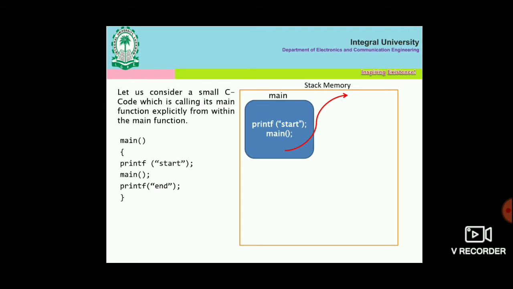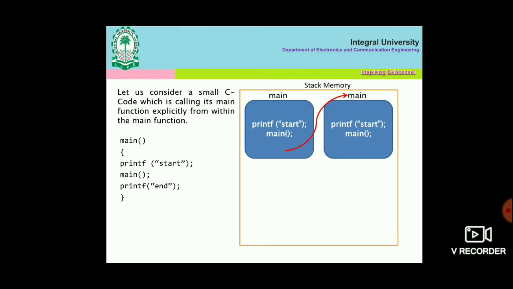In the printf statement, the message start will be displayed, and afterwards the main function is being called. Now you will be asking a question, for this main method, will there be another method frame? Yes, there will be another method frame. You can see it will give another method frame in the forward direction, just like this.